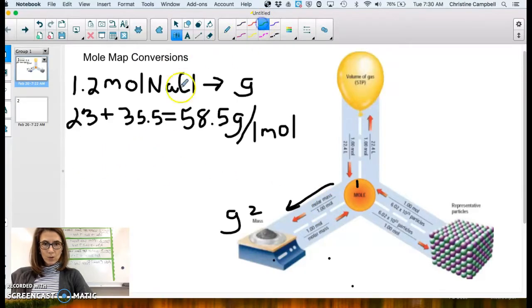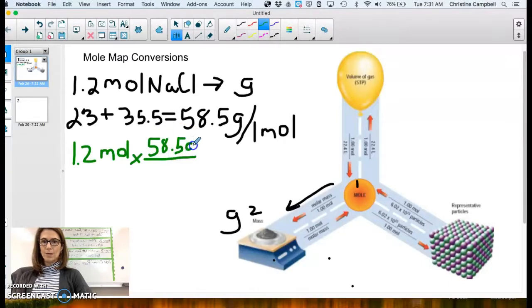So we're going to write down what we're starting with, which is our 1.2 moles. And then we're going to multiply by that conversion factor. So our molar mass is 58.5 grams per mole.